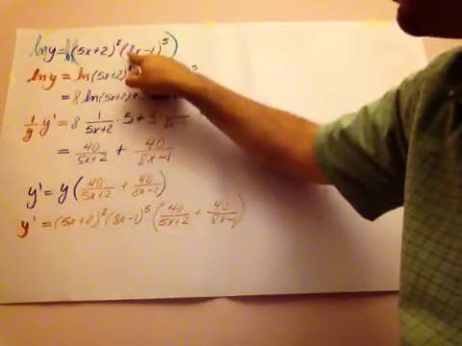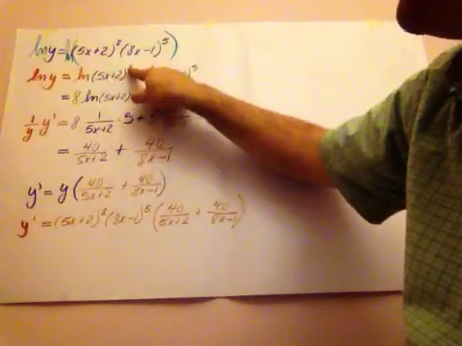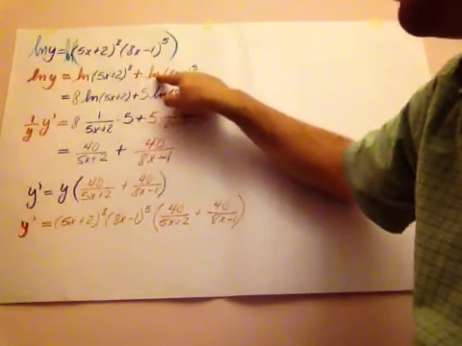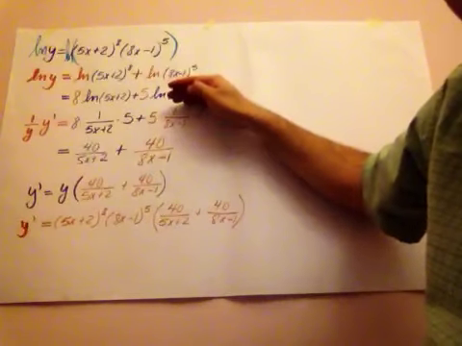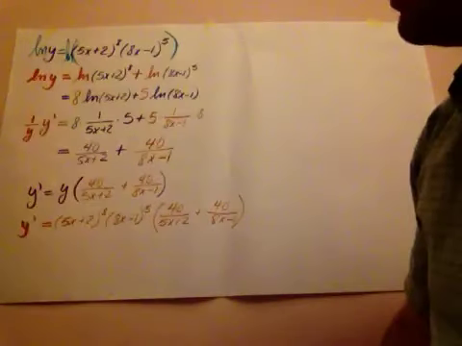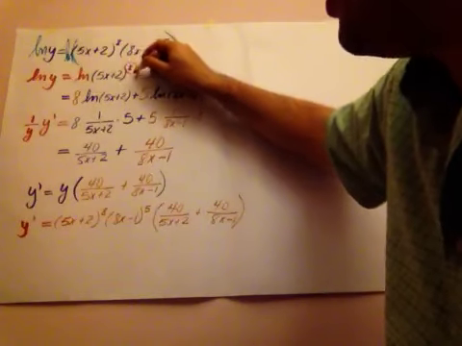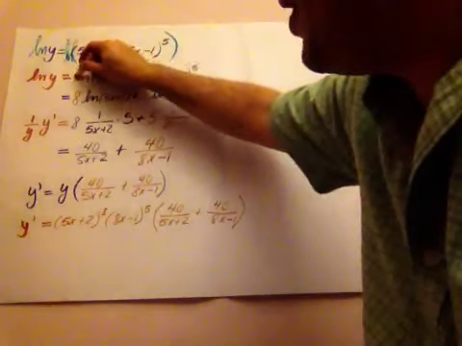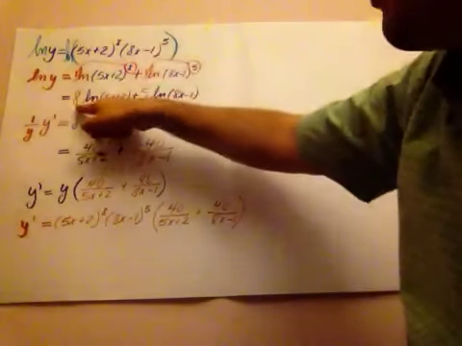We have a product, so it's the natural logarithm of the first factor plus the natural logarithm of the second factor. More properties of logarithms: the 8, that's an exponent on the argument, can go in front, the same as this 5. That's what we have here.